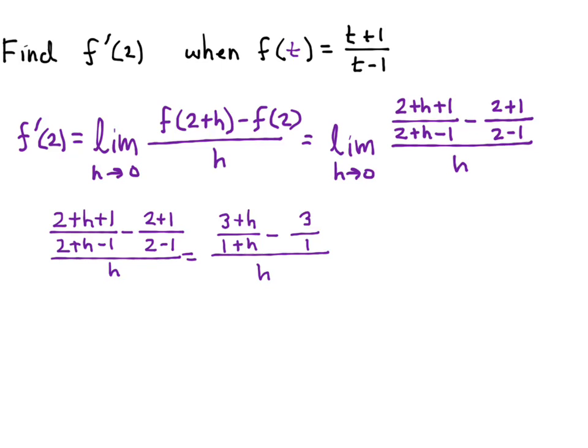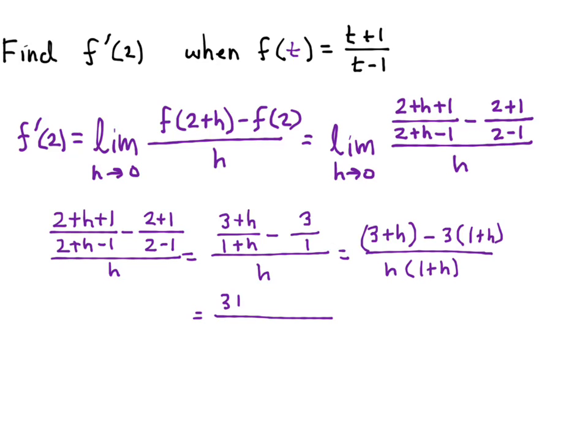And you can see as I simplify this first, I get 2 plus h minus 1 is just going to be 1 plus h, and then 2 minus 1 is 1. So I have this expression here. And then find the common denominator and combine things.